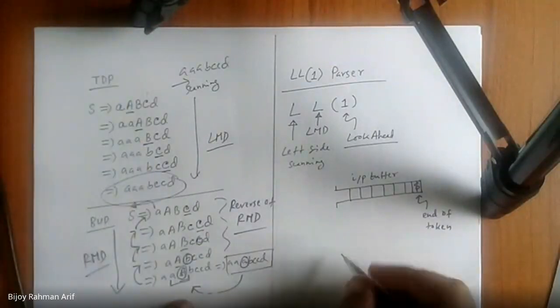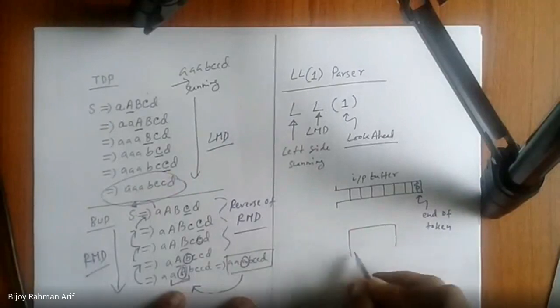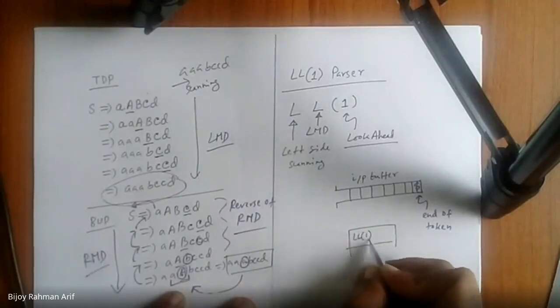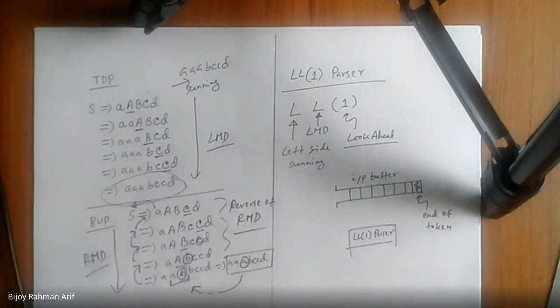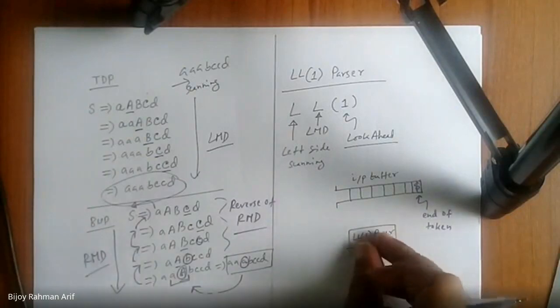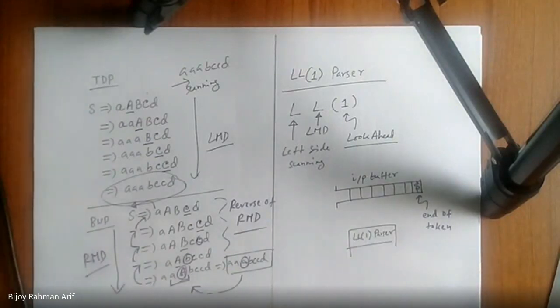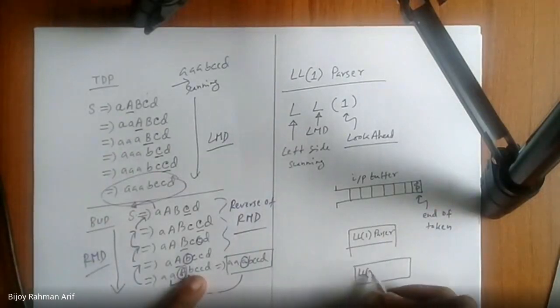Then we have the LL1 parser, the main part, the algorithm, the black box which is going to do the parsing. This is my main part. Just below this, there will be a helping hand called the LL1 parsing table.